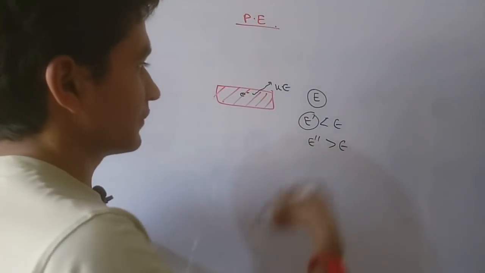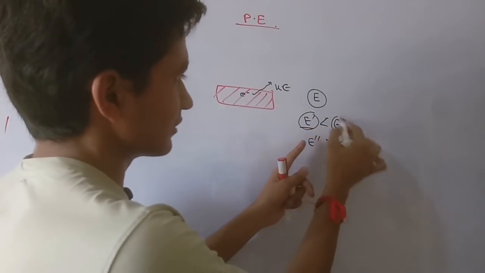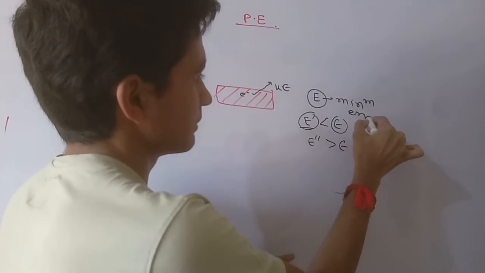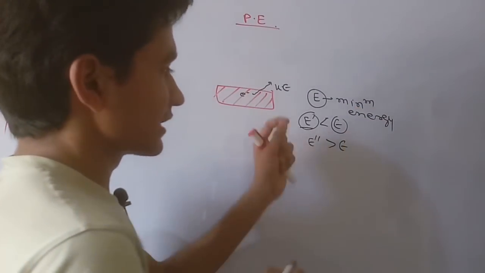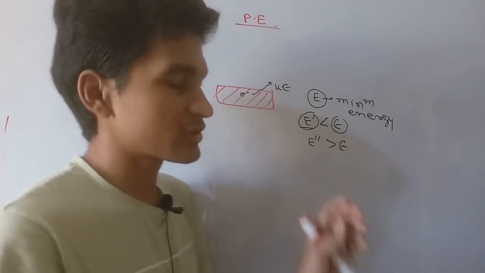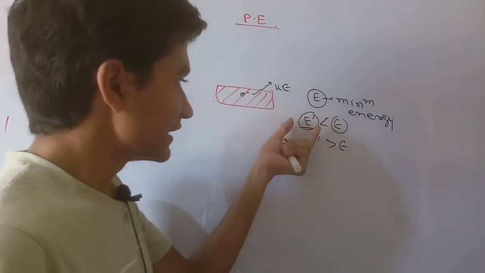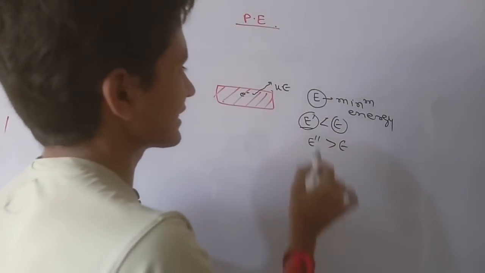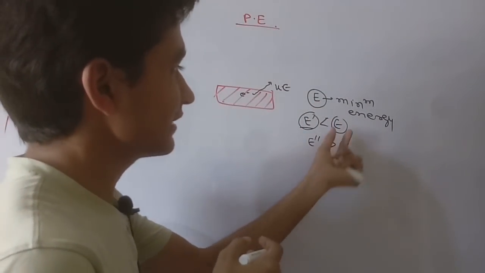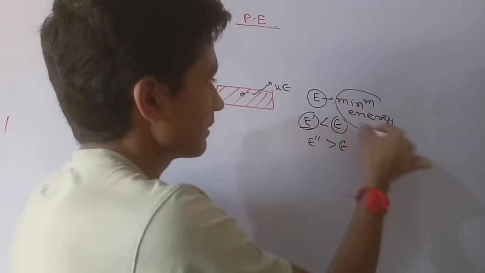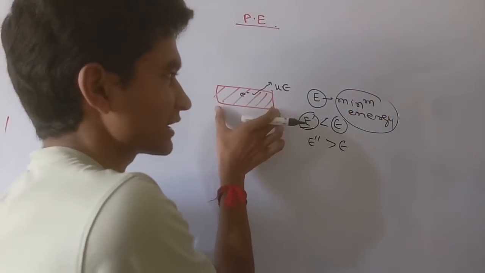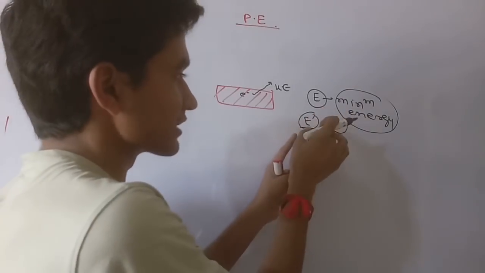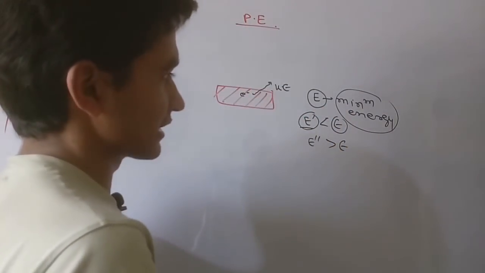Part 2: if energy E dash, which is less than E, is supplied to this metal, then there will be no excitation of the electron, because it is less than the minimum energy. This minimum energy must be supplied for excitation of electrons, but you are supplying less than the minimum energy, so electrons will not be excited.